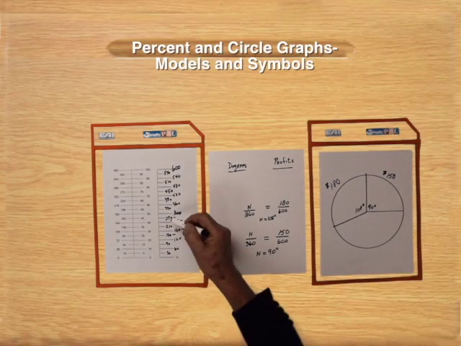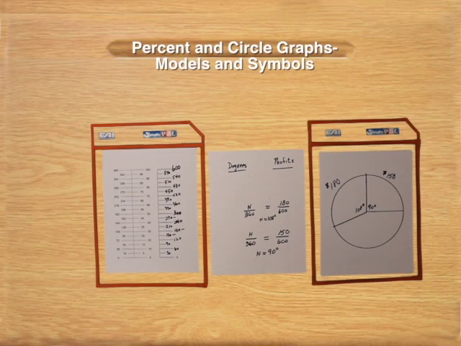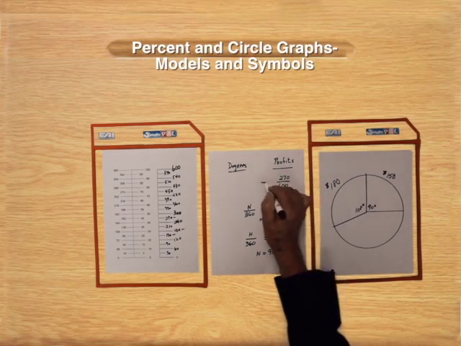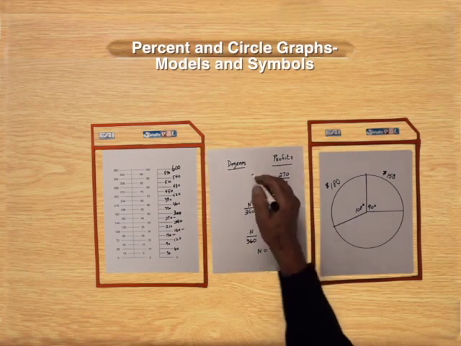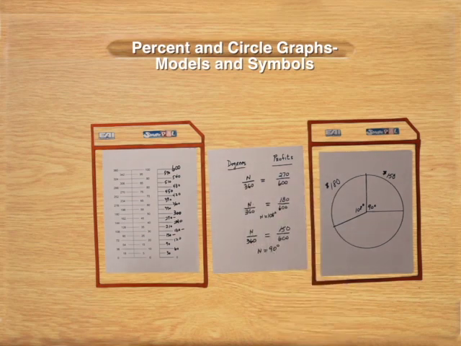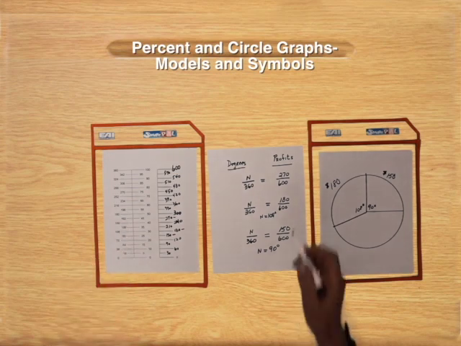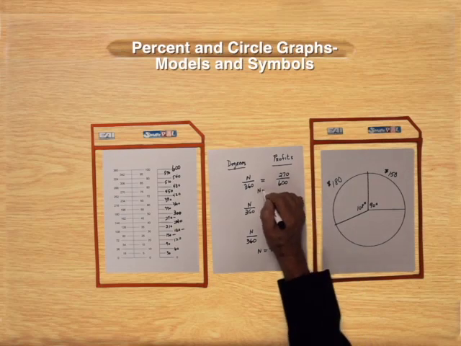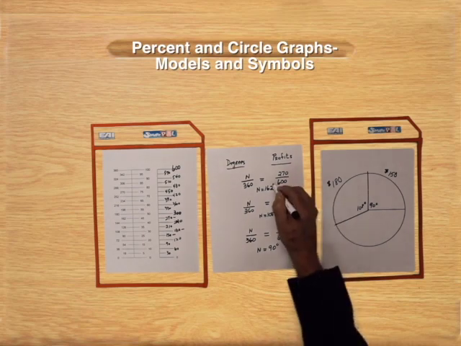And then finally, our last number, which is $270, we're going to set up the proportion that $270 is in the same relative position to 600 as the number of degrees that we need is to 360 degrees. Now we know that answer is going to be 162. So when we solve this proportion, we are going to get that n is equal to 162 degrees.